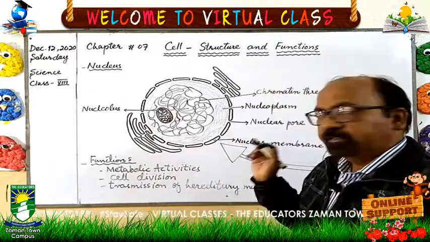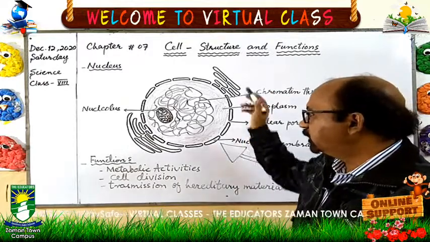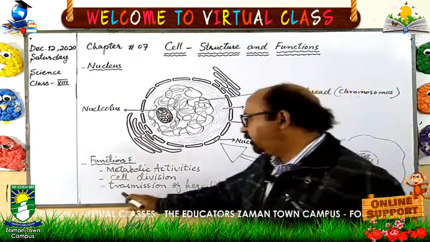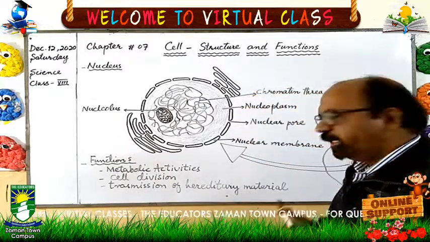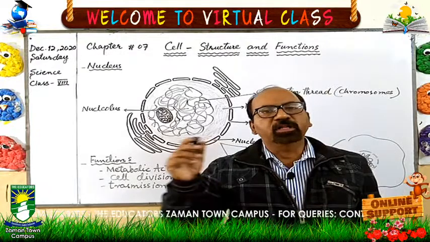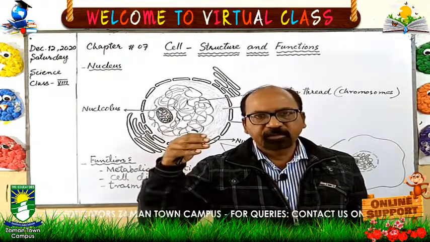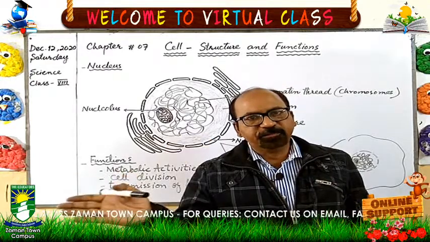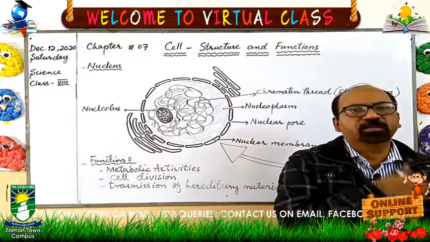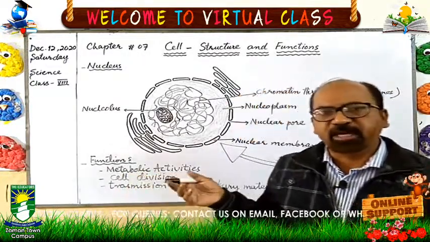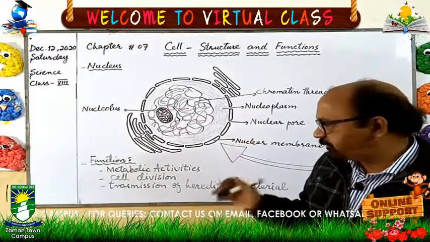The third function of the nucleus is that it is responsible for the transmission of hereditary material. Hereditary material means all the traits, all the characteristics which the parents have, are transferred to the next generation, meaning to their sons and daughters. Likewise in animals, likewise in plants, these characteristics are transferred.